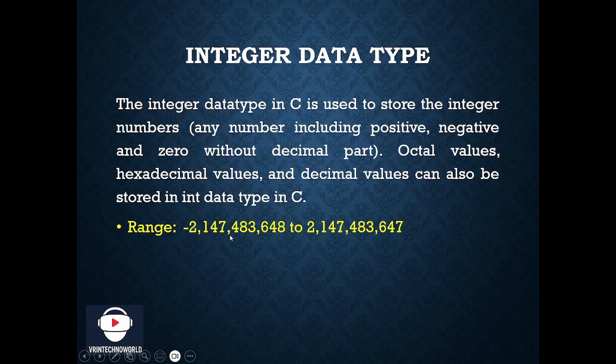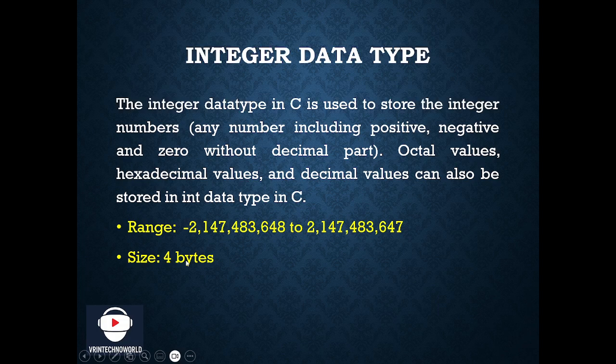The range of the integer is from negative 2 billion 147,483,648 to the positive value of 2 billion. Now the next question arises: what is the size of the integer data type? The size of the integer data type is 4 bytes.